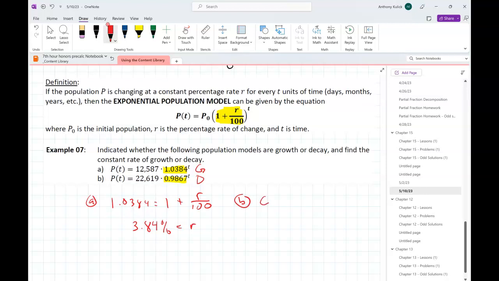If I do the other one, we'd have 0.9867 equal to 1 plus r over 100. If I do the same thing, what do you notice is going to happen when I subtract 1? It's going to be a negative number, right?